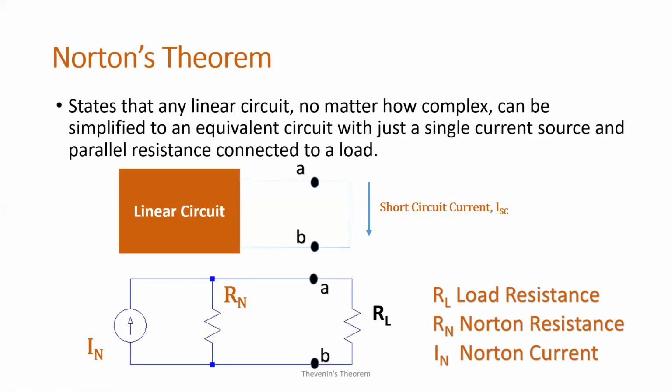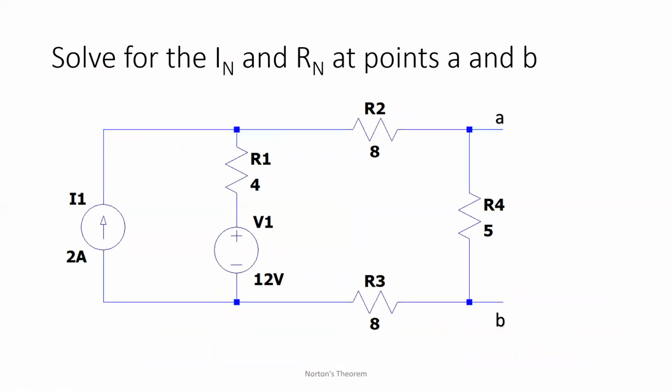Okay, let's go straight to the example. Solve for the Norton current and the Norton resistance at points A and B, given this circuit.